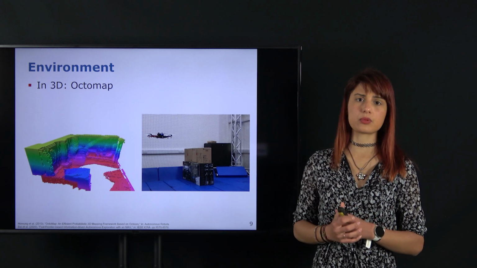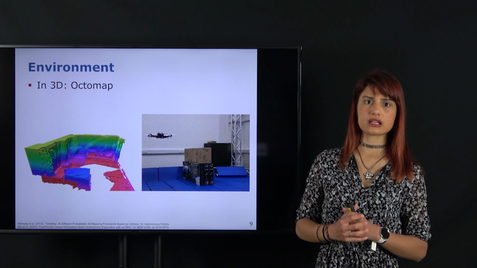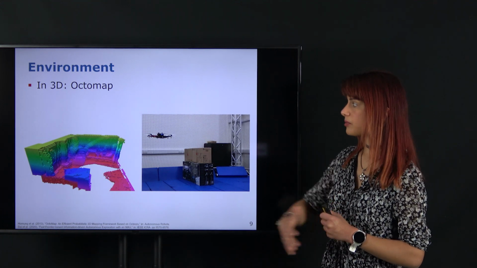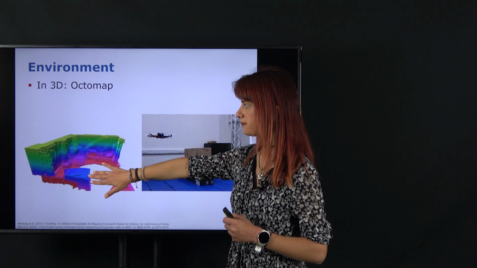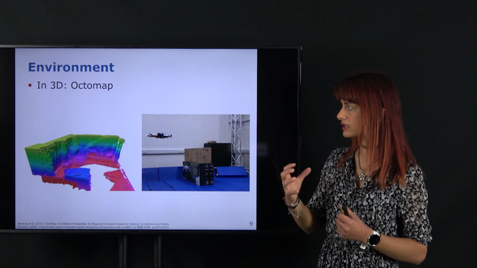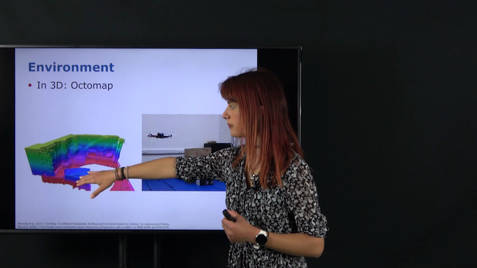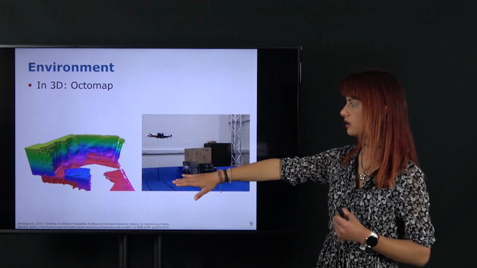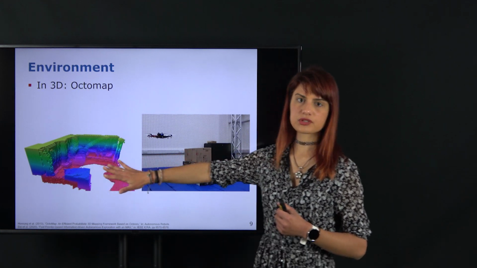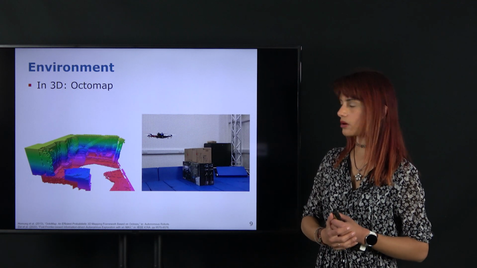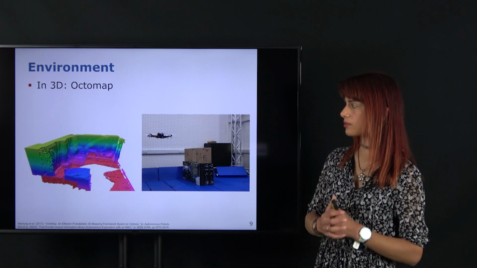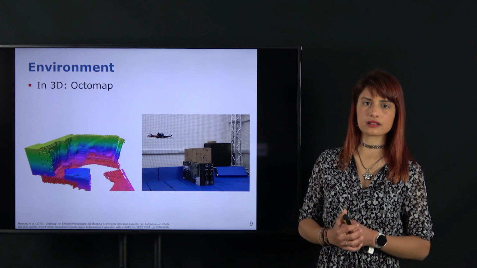In this case, one possible strategy for discretization is to consider a 3D volumetric map, such as the popular OctoMap shown here. Here, rather than flat cells, we have 3D voxels, and each corresponds to a particular location in 3D, being obstacle or obstacle free, and we can model this in a probabilistic way as the robot is mapping.